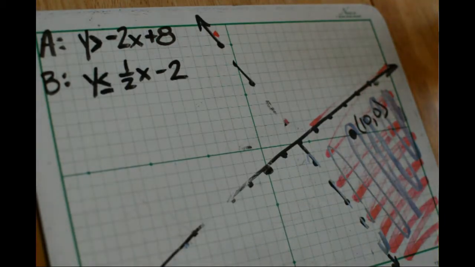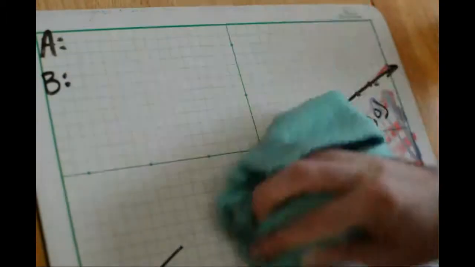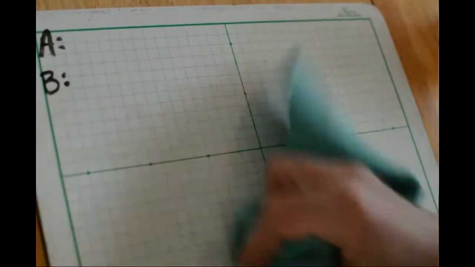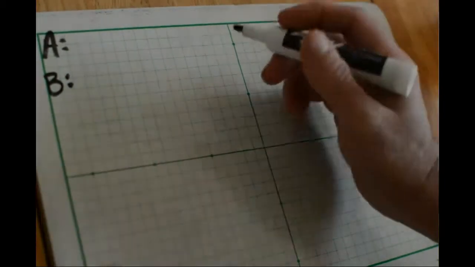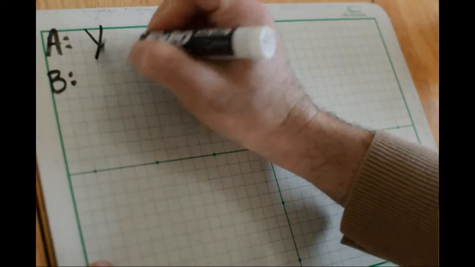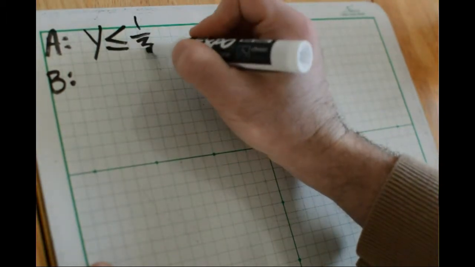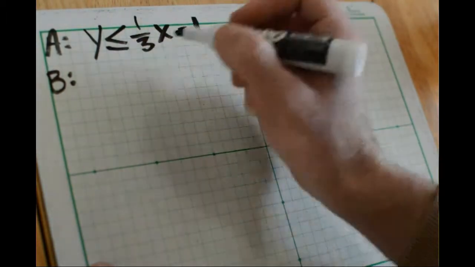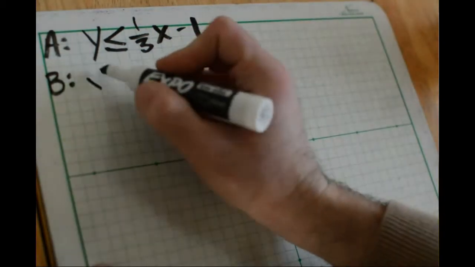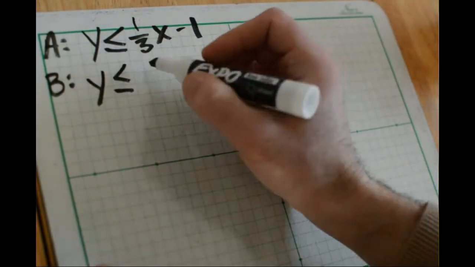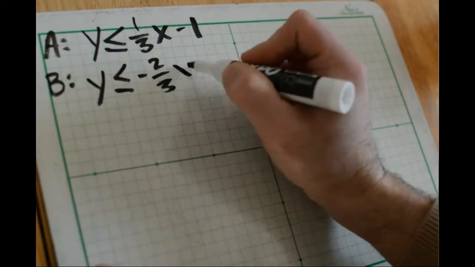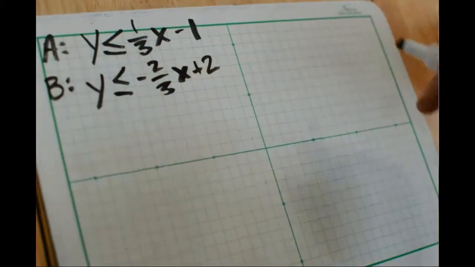Let's take a look at one more, to graph this one from the start. So we have, let's say, A: y is less than or equal to 1/3 x minus 1, and let's say B is y is less than or equal to negative 2/3 x plus 2.